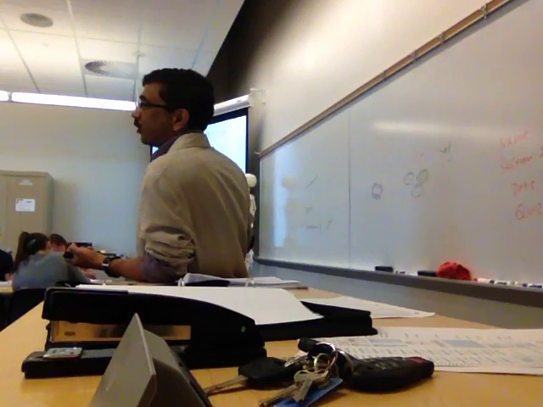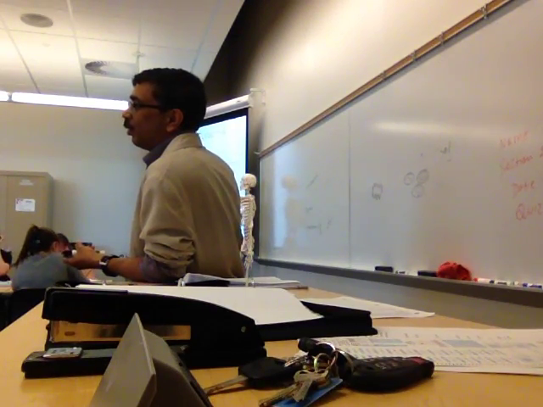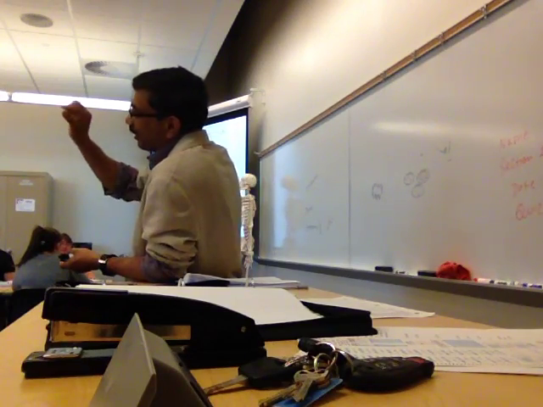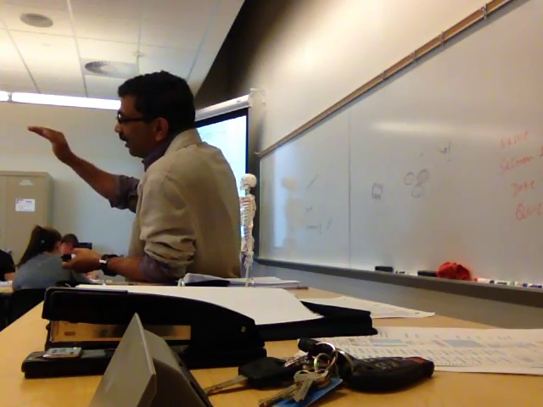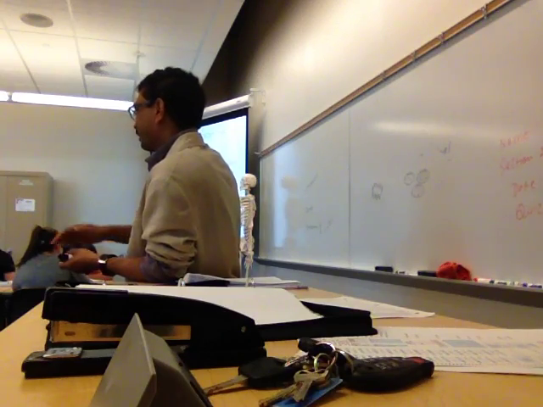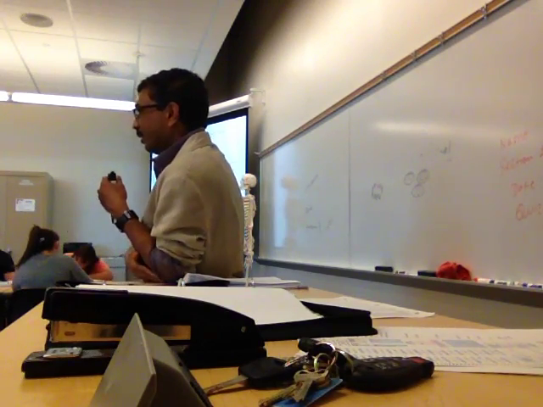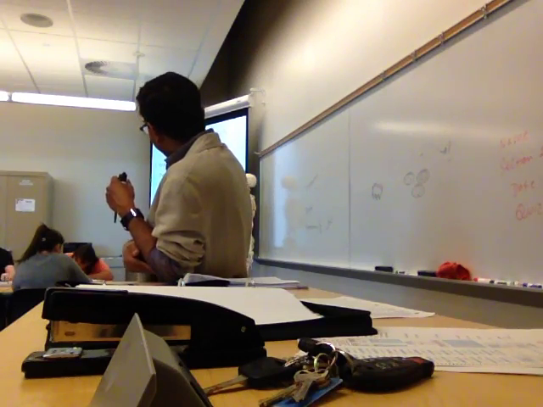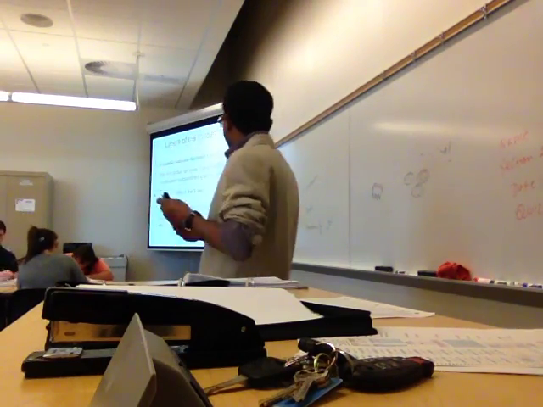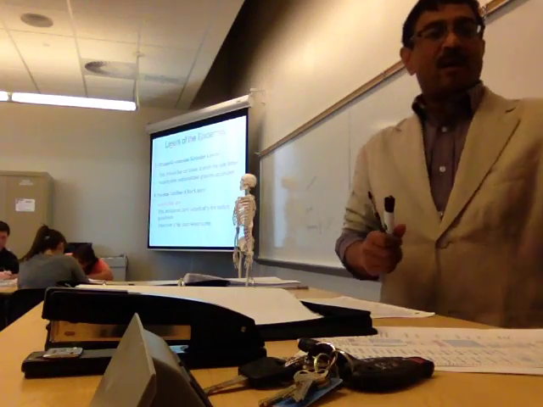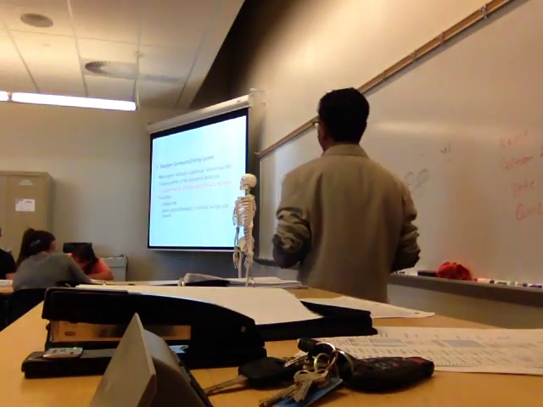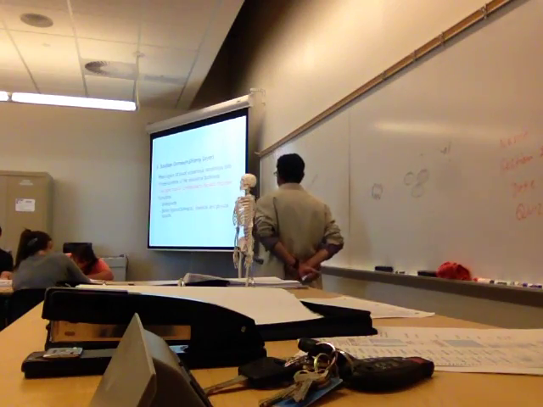This layer is also called the clear layer. Why? Because this layer is like a thin piece of glass, transparent like water. That's why it is called the stratum lucidum, or clear layer. Okay? And then the outermost, most superficial layer is the stratum corneum.